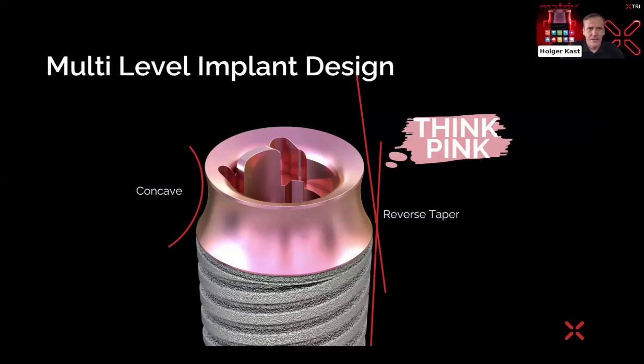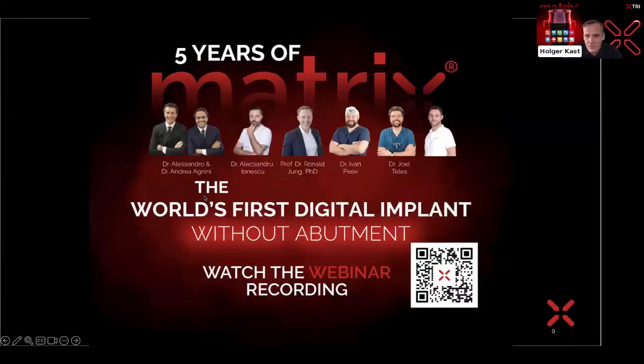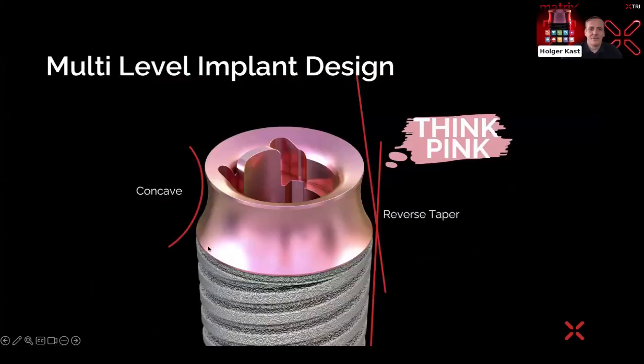The last thing I want to talk about is the implant. We're providing you a multi-level implant. A multi-level implant means you can see here a pink anodized surface, and this anodized surface is a machined surface. It has a concave design, so you can place these implants not only in a tissue-level style from the rough surface to the pink.